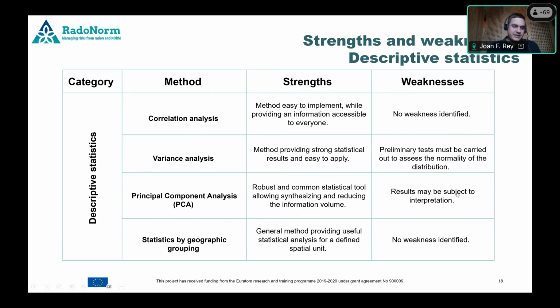The second weakness is regarding the PCA. When we are carrying out the PCA, there is an interpretation regarding the axes that we find. An author could interpret an axis in one way and another one slightly differently, which creates, for example, a small bias.